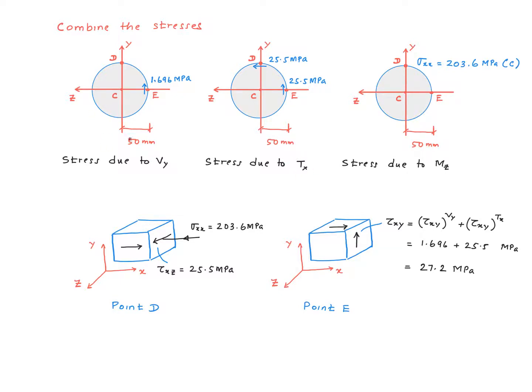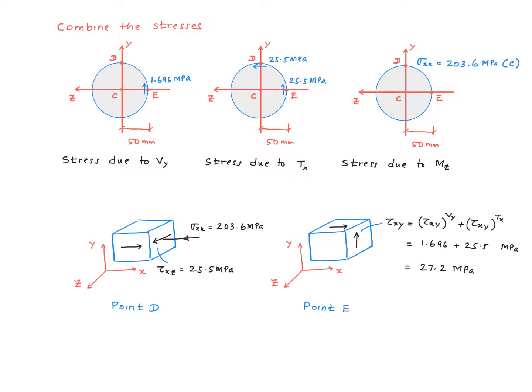And this first picture here depicts the shear stress caused by the shear force Vy. We have the maximum value over here, and that value is 1.696 megapascal. The direction is vertically up, in other words, in the positive y direction. And the shear stress is 0 at this point.